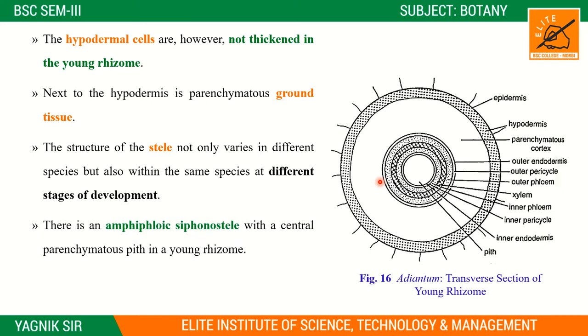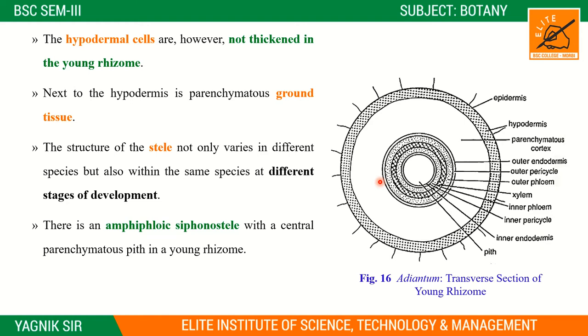So there is the amphiphloic siphonostele. This is another type of stele, right? And normally we study three types of stele, right? And this is the advanced type of stele, right? After the primitive, not fully advanced, but after the primitive, right? And the siphonostele has two different types of parts.